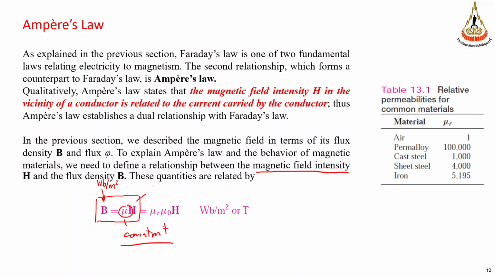Usually we use the value mu r, which is easier to represent the permeability, expressed as a multiple of mu zero. Mu zero is the permeability of free space.